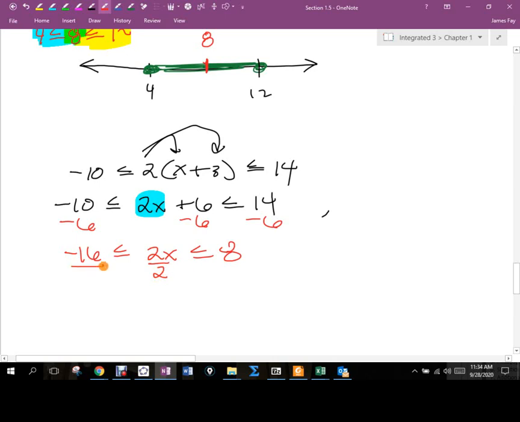Still divide by 2, so divide all three parts by 2, and we get something like that. But if you can look at that and ask what you would do if it was an equation, that's the same thing you're going to do when it's an inequality. Same exact procedure.